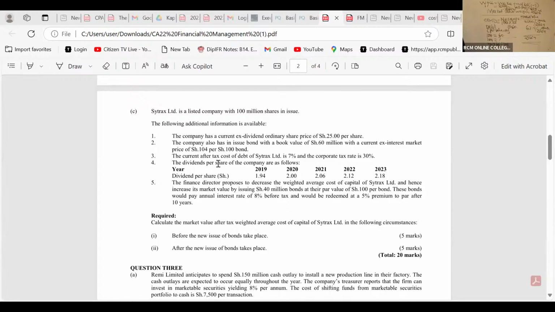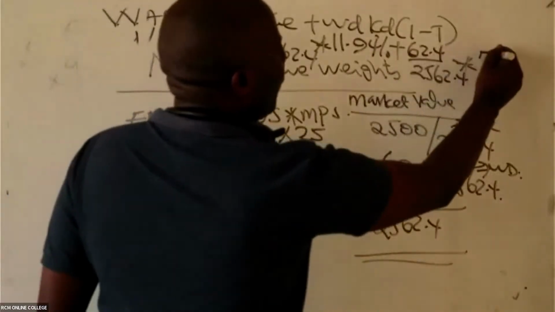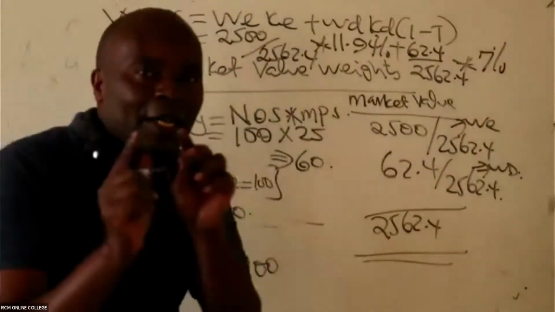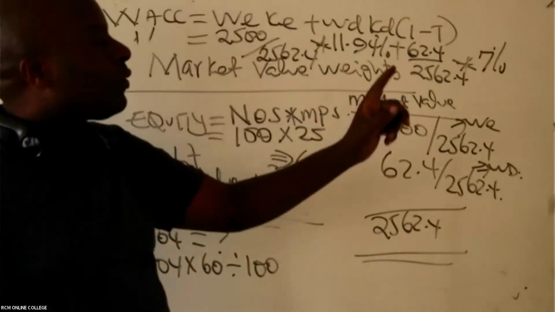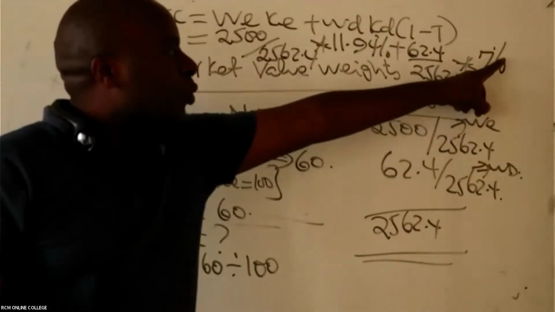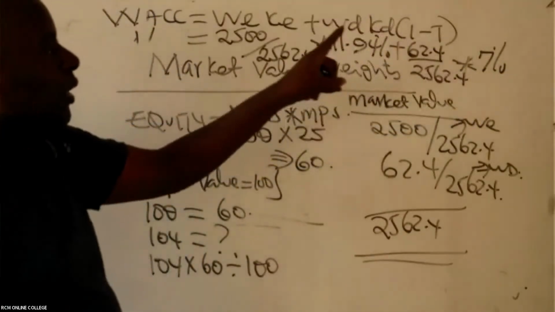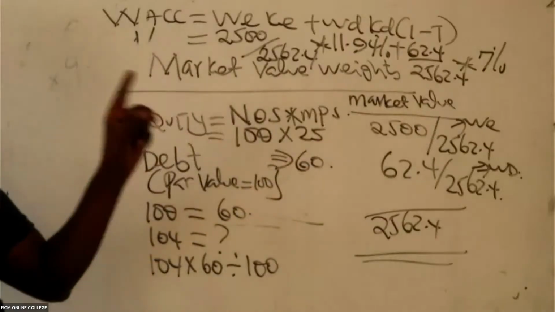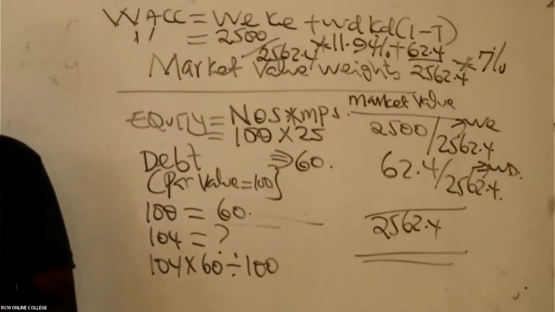You can see the current after-tax cost of debt is 7%. So if it's after tax, don't do the tax adjustment again. Don't multiply this by 1 minus t, because this is already tax adjusted. So are you able to give me the WACC now?